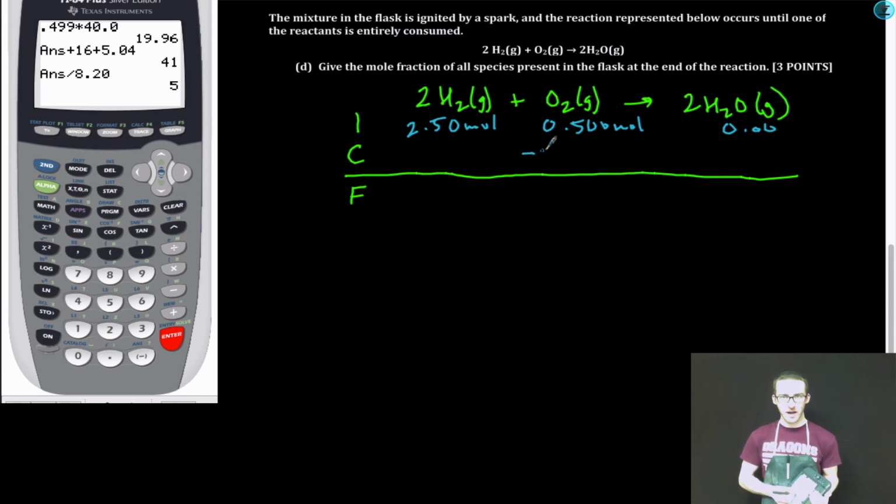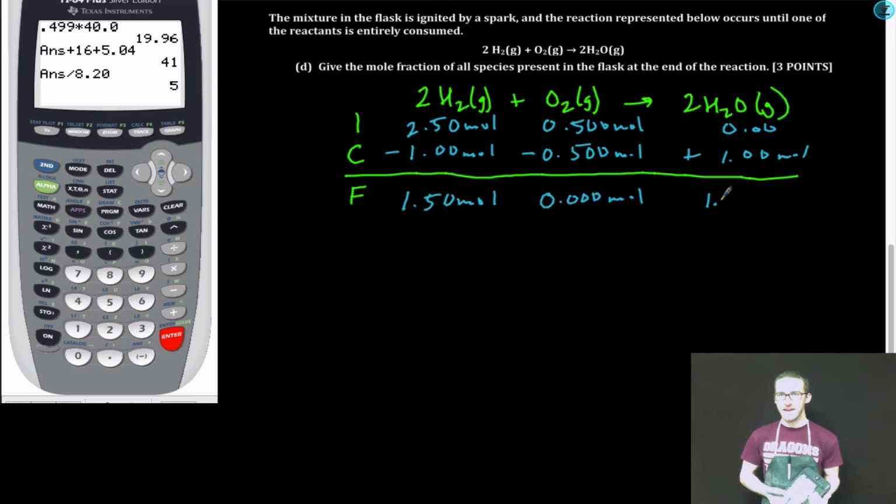So if I used up all 0.500 moles of my oxygen, I'm going to use up 1.00 moles of hydrogen, or twice that amount. And I'm going to make 1.00 moles of water vapor. So at the end, I'm going to have 1.50 moles of hydrogen remaining, no oxygen remaining, and the formation of 1 mole of water vapor.